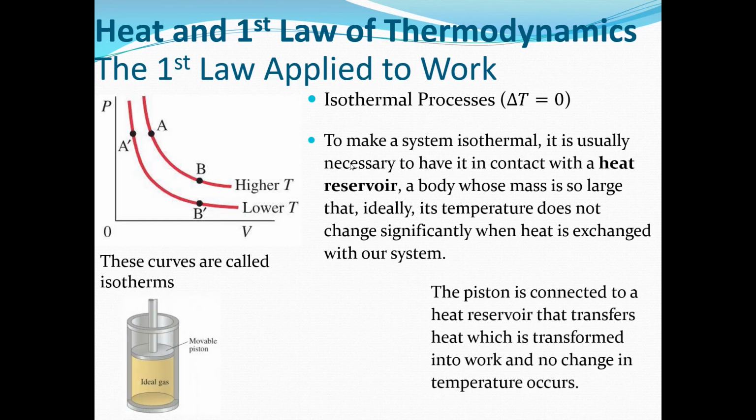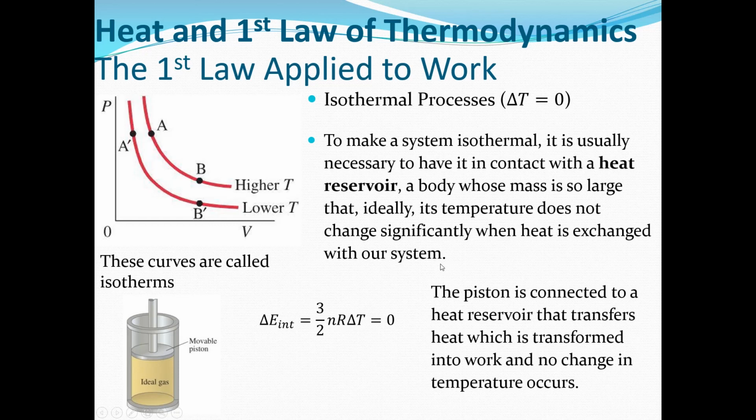Here they don't have it, but if we had this piston connected to a gigantic burner that was held at a very stable temperature, then as we pushed and pulled this gas while it's in that contact, the gas won't change its temperature because it's still in contact with that heat reservoir, so it will always maintain that same temperature.